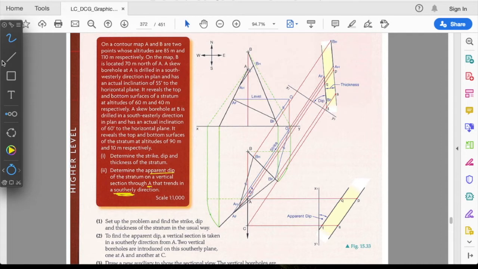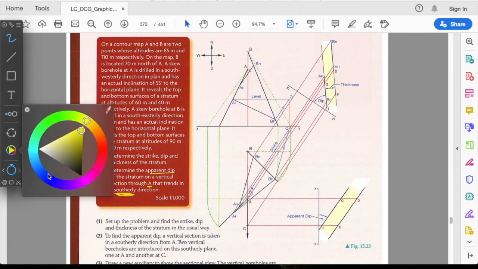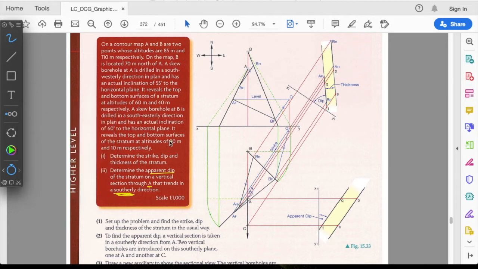So what you'll see here is that there is a section taken here from a southerly. And again, remember, if we're looking at southerly, that means a plan. So there is our vertical section. When we're thinking about vertical sections, think about the earth being like a cake.